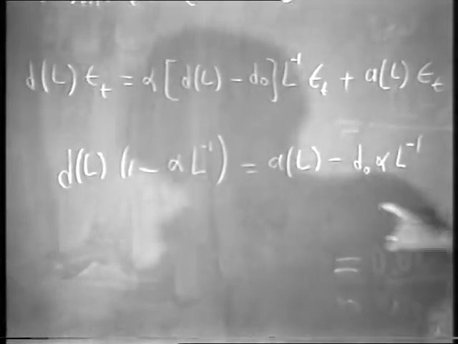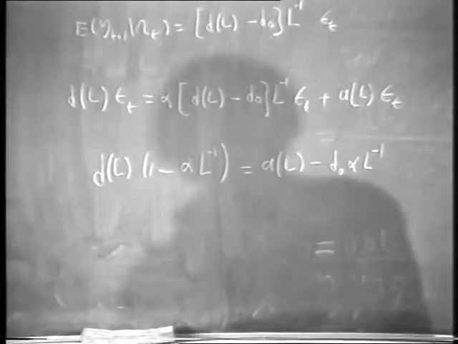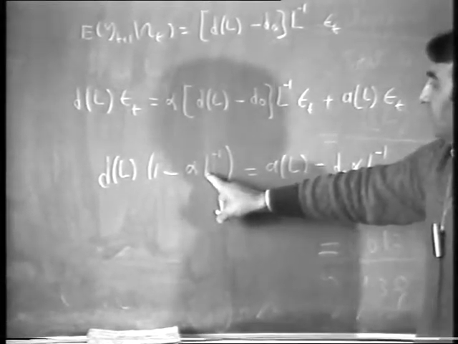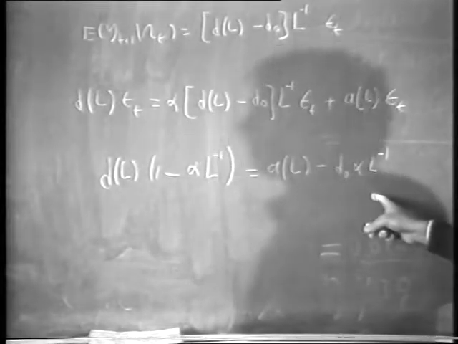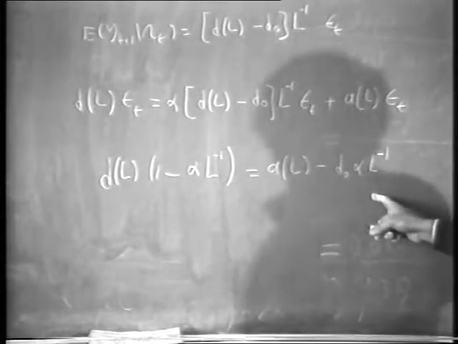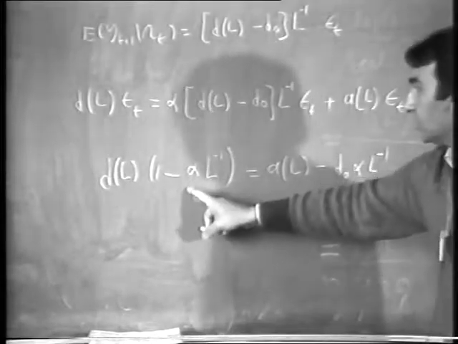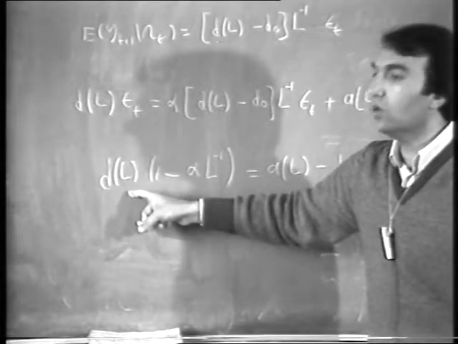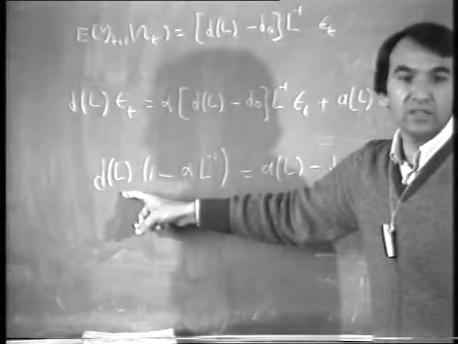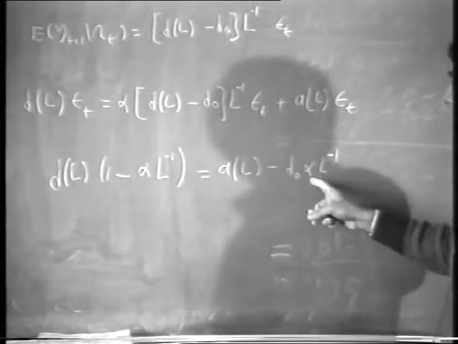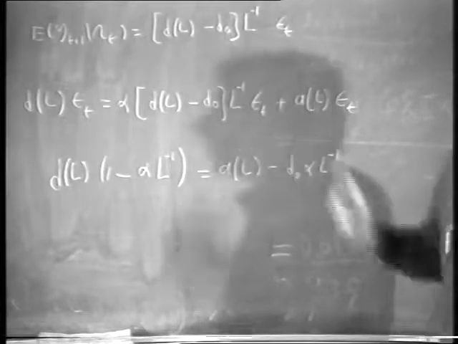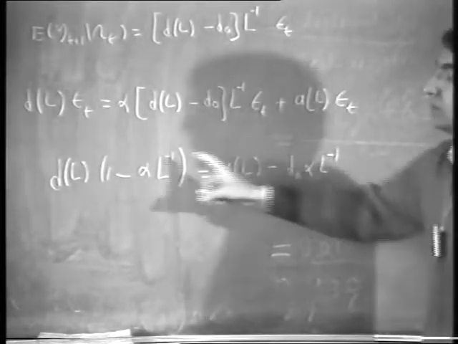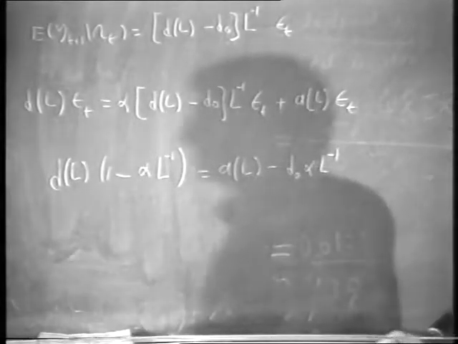Now, the problem is there is a singularity here, because when L is equal to alpha, that becomes 0, so this side will be 0. Sorry, this side becomes 0, and therefore you cannot define d(L). The only way to get rid of this singularity is to make sure that d naught is chosen in such a way that both sides are 0. In other words, it would be 0 divided by 0, so we can cancel them out.